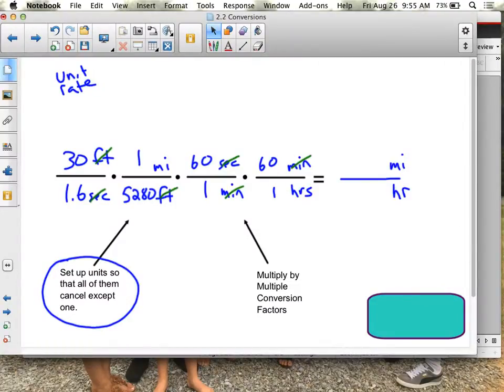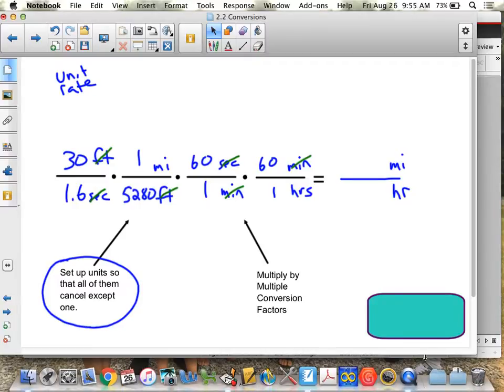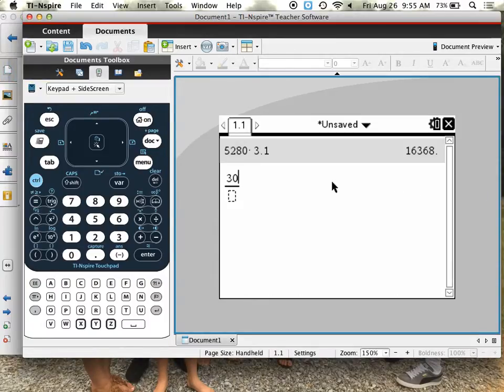And then we had the 60 seconds and 60 minutes. So I'm going to multiply 30 by 60 times 60. My denominator had my 1.6 seconds times 5,280.